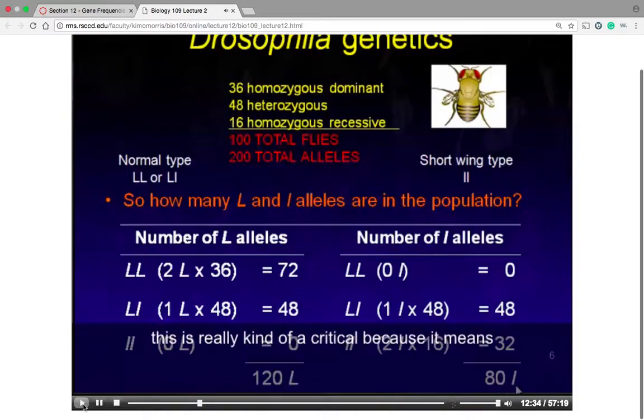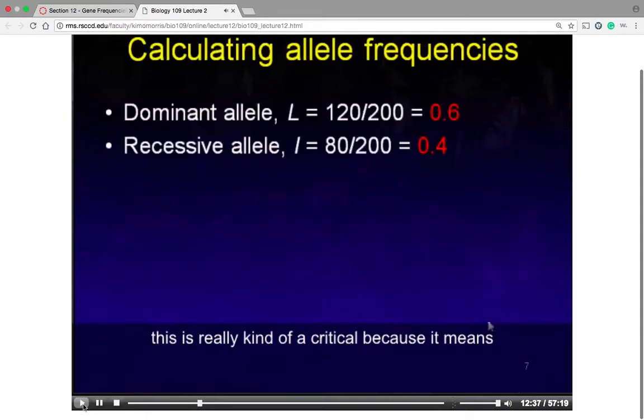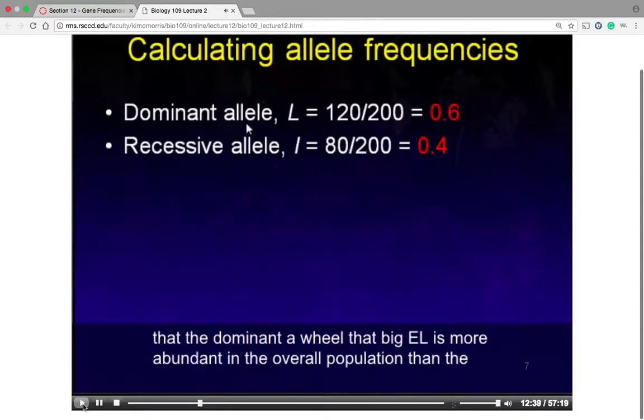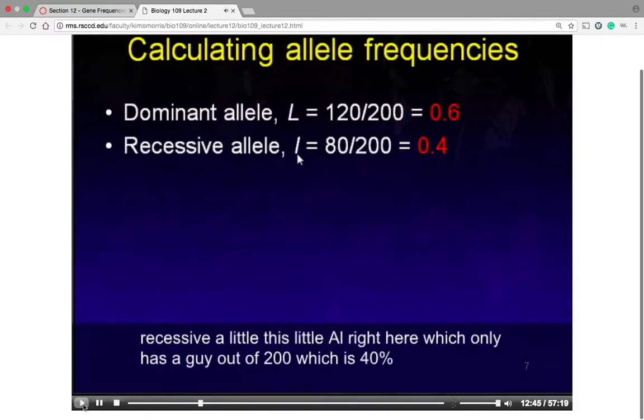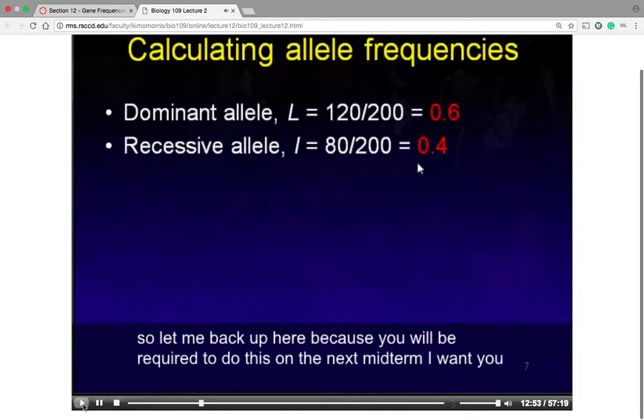This is really critical because it means that the dominant allele, big L, is more abundant in the overall population than the recessive allele, little l, which only has 80 out of 200, which is 40%.